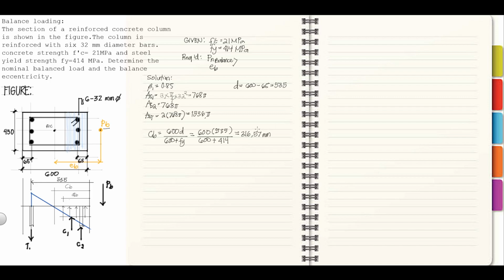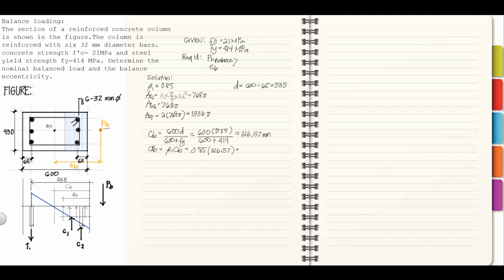Okay, 316.57. And then we will get now, or we can get now, the AB. Okay, so that is beta 1 CB. Okay, that is 0.85 times 316.57.